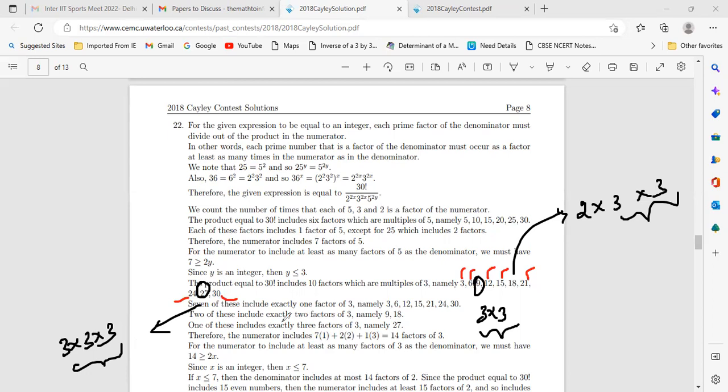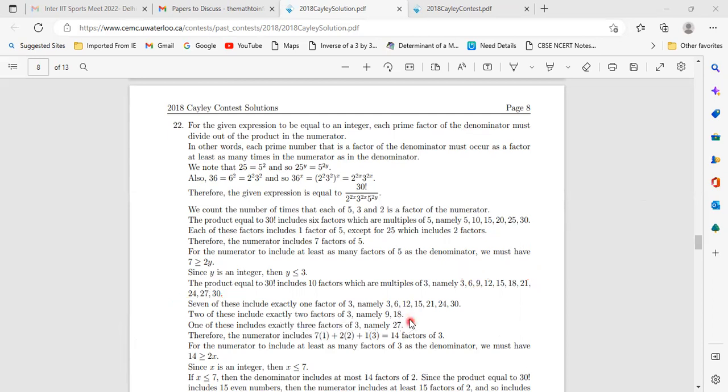So you have exactly 2 factors for 9 and 18. You have exactly 3 factors for 27. So you do have 7 numbers with 1 factor of 3, 2 factors of 3 for 9 and 18, and 3 factors of 3 for 27.